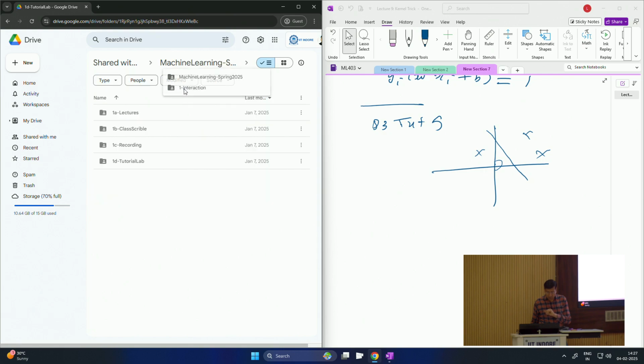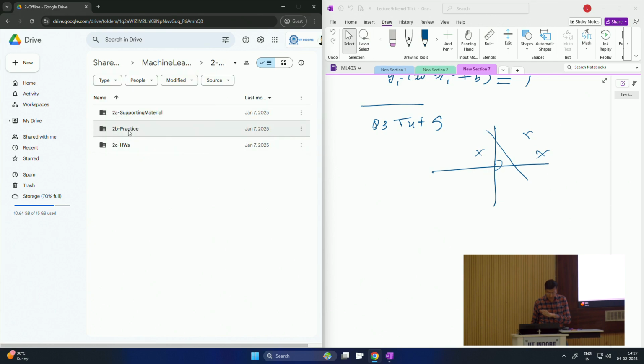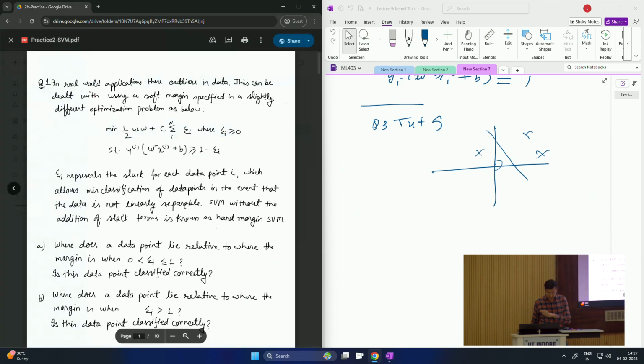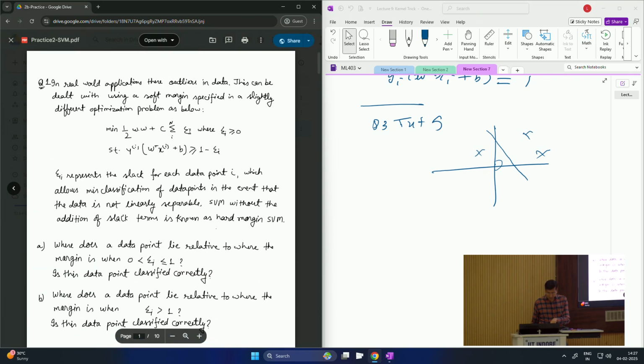But the homework also, let me just go over, because then Thursday I'll not talk about anything about SVM unless you ask me any questions. So not homework, the practice problems. So offline practice, SVM. This is real world, this is more of an analytical problem. Look, this is with the soft margin. Because we have not played around with the soft margin, this problem helps you get more comfortable with it.